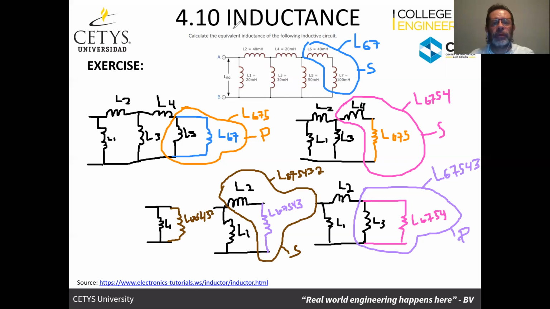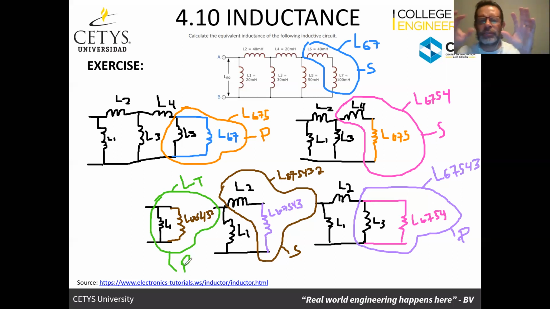So ugly. Sorry about that. It is late. And lastly, these two, which I'm just going to call LT, the total inductance, and these would be in parallel. And that would be the procedure of the reduction.